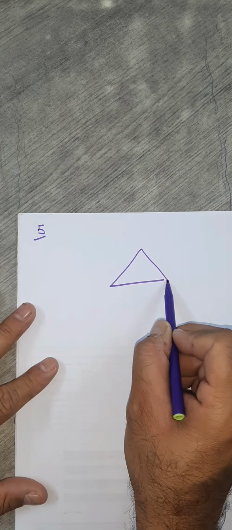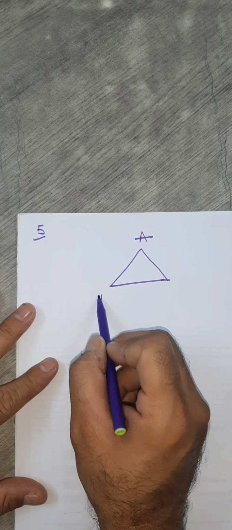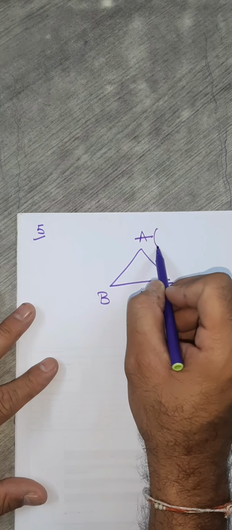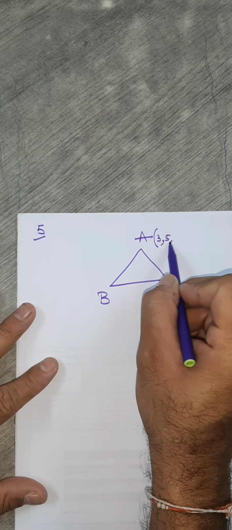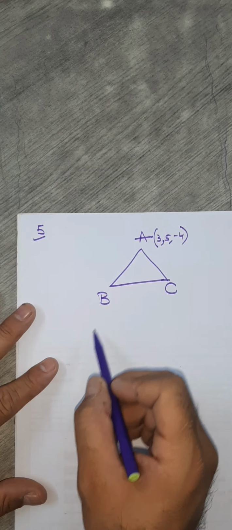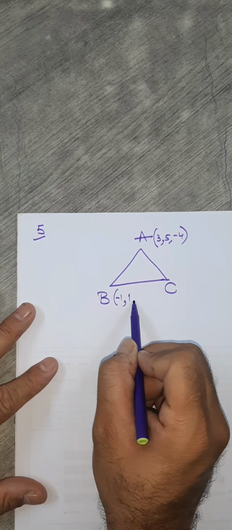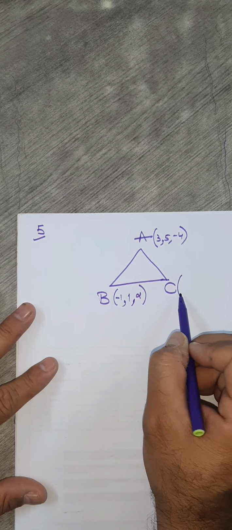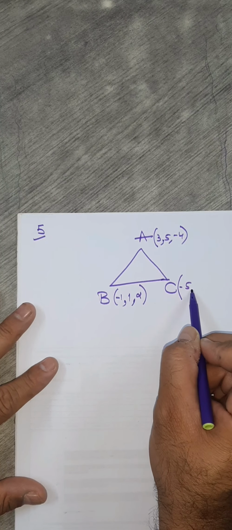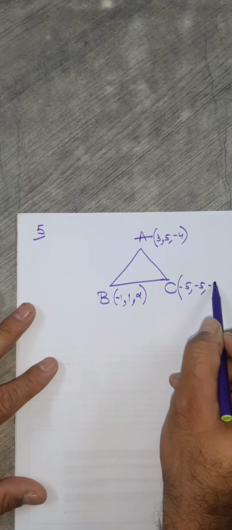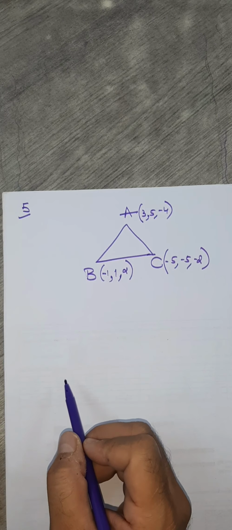Let me call this triangle ABC. What is A here? 3, 5, minus 4. What is B here? Minus 1, 1 and 2. And what about C here? That's minus 5, minus 5, minus 2. Fine. This is given to you.